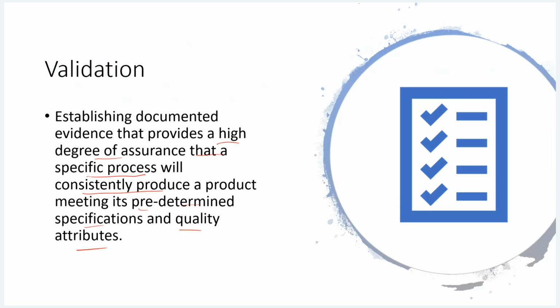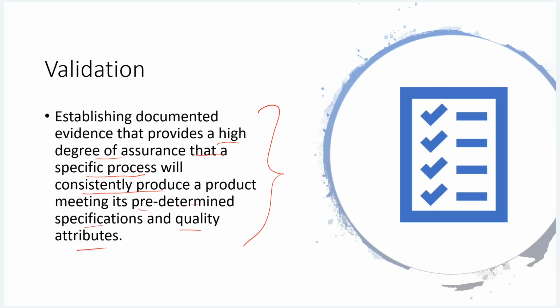In simple words, in layman's words, since it's a very typical definition, when we validate a process, we always do the validation of the process. Correct? Validation of the process means we are going to fix each and every parameter of the process.